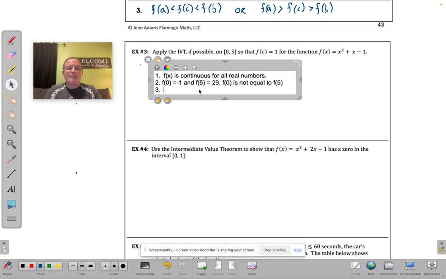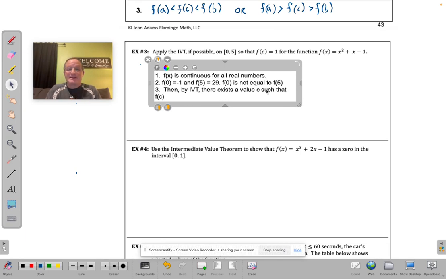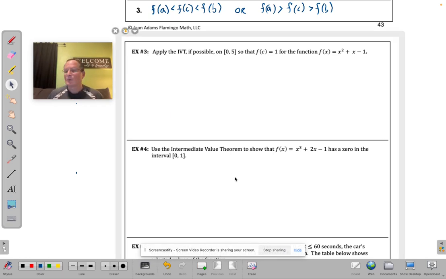So by the intermediate value theorem, there exists a value c such that f of c equals 1 on the interval of 0 to 5. Now, that's good.